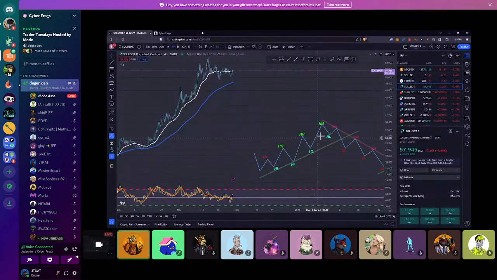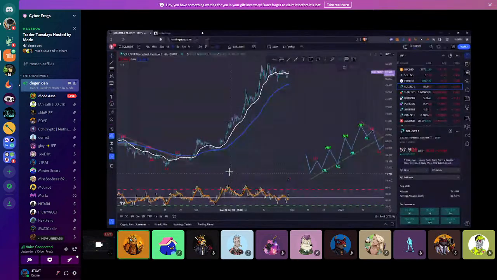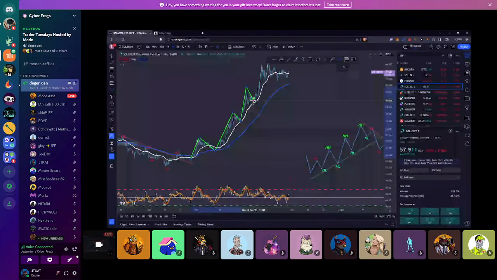Now it's not always perfect, but if we look, we have the low, we have a high, we have a higher low, a higher high, higher low, higher high, higher low.